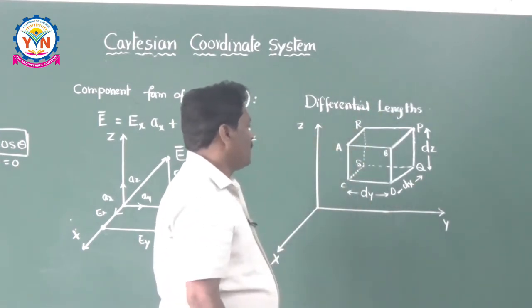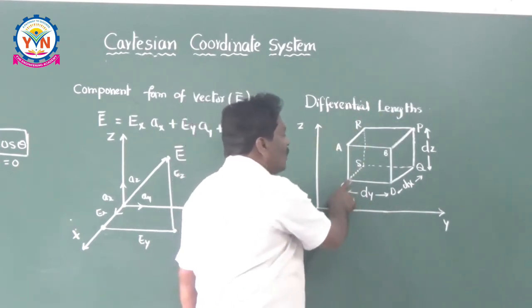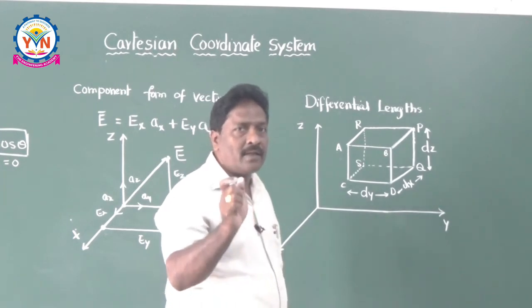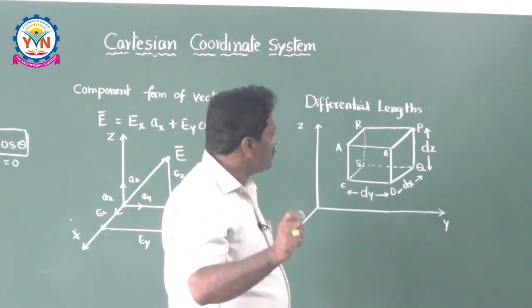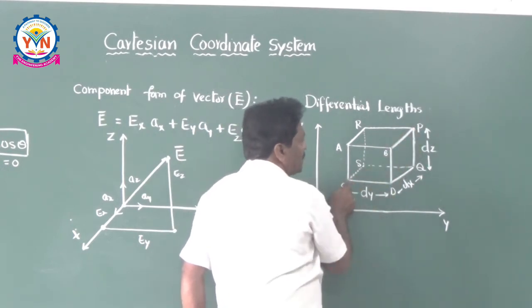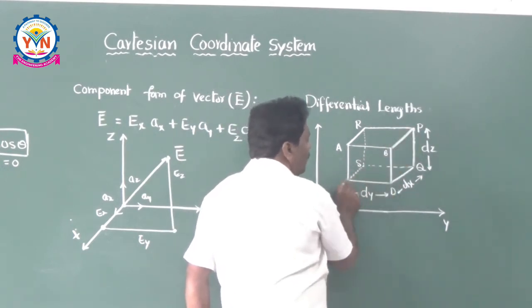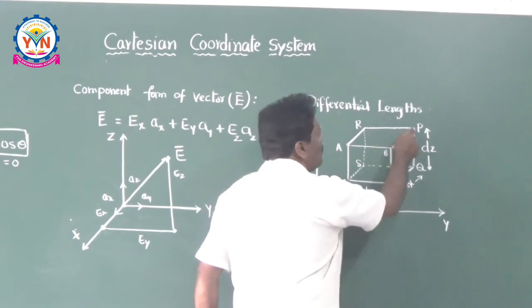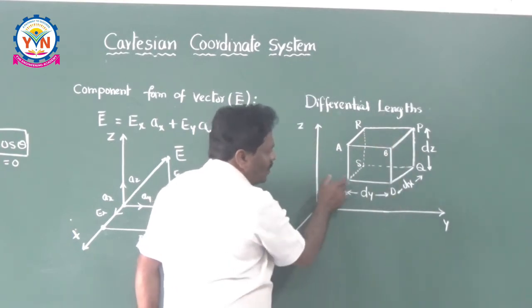Listen carefully. If I want to move from this corner to this corner, what to do? For example, if I want to travel from C to P, I have to go in some directions.